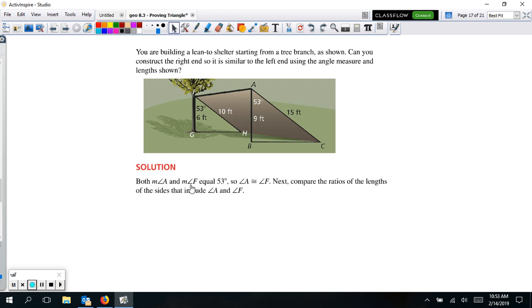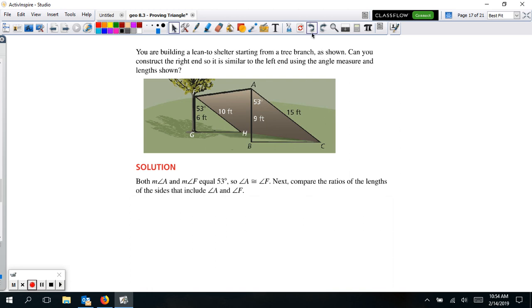It says A and F are both 53 degrees. So far we have one congruent angle. And then we want to compare the ratios of the lengths of the sides that include that angle. So that would be FG and FH. Those are the sides that would have the angle in the middle between them. So AB would have to be proportional with FG, and the same thing with these two would have to be proportional as well.